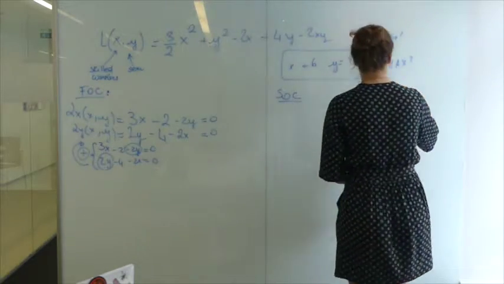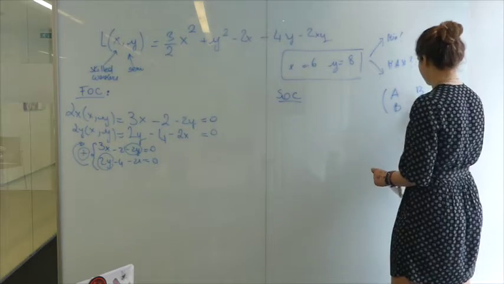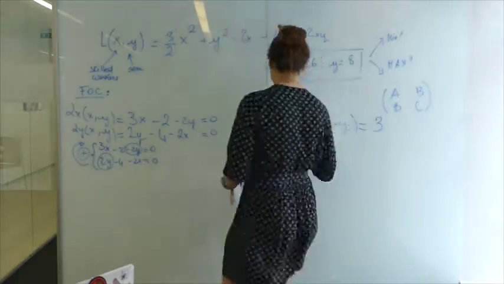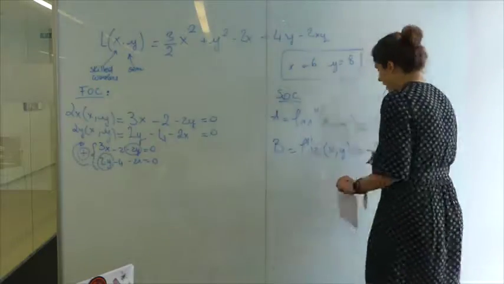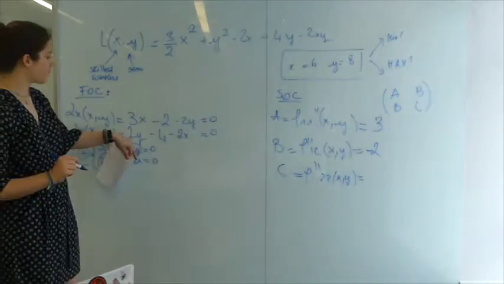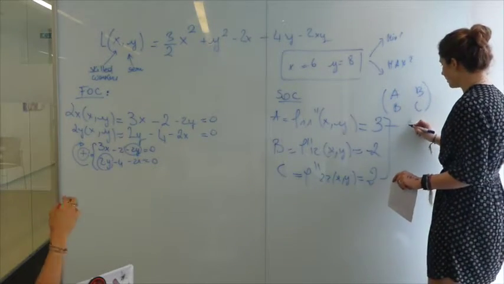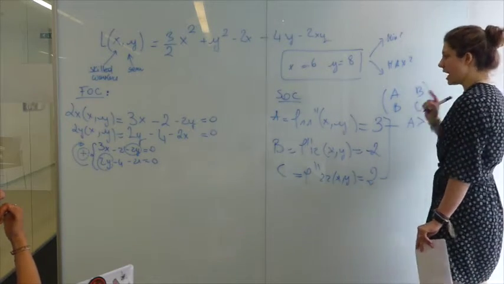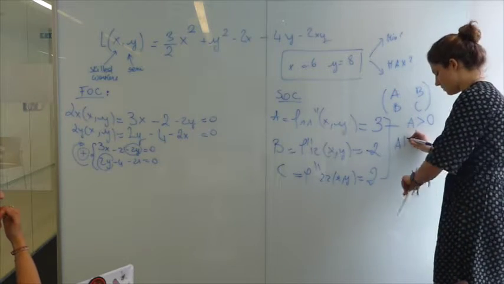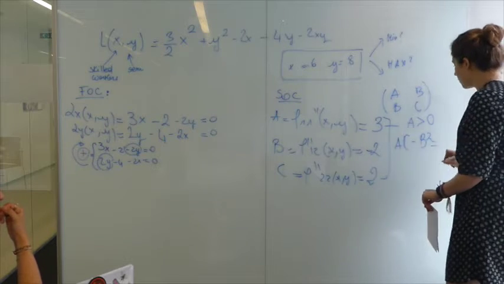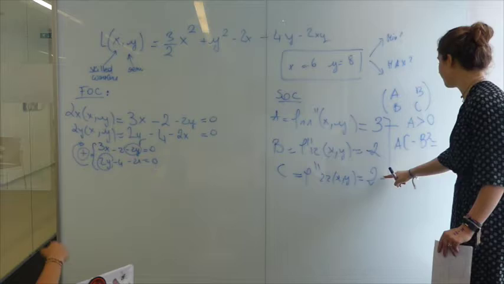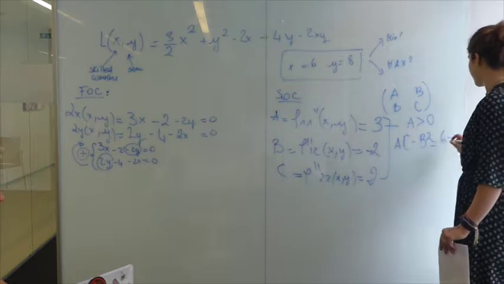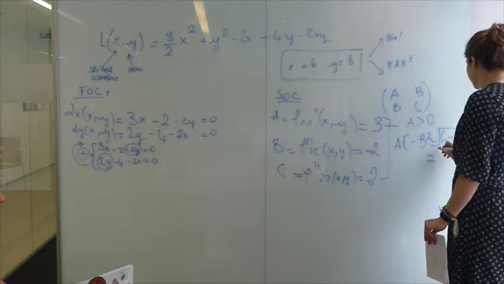The matrix is A, B, B, C. A is greater than 0, so we know it is either a local maximum or a local minimum, and then we have AC minus B squared, which is 6 minus 4, equal to 2.